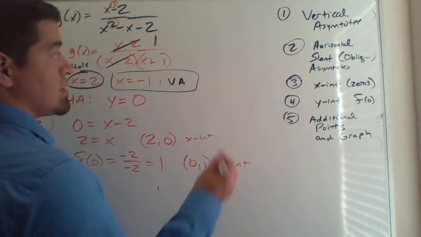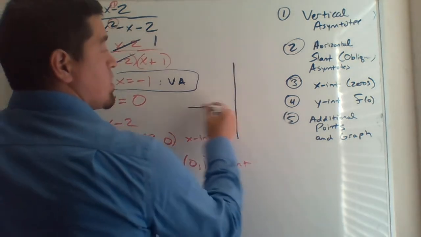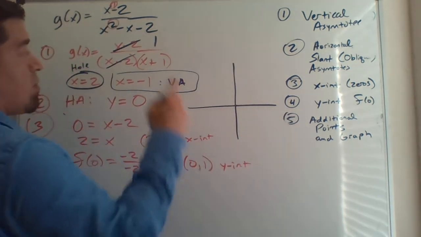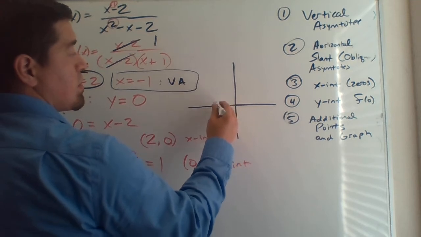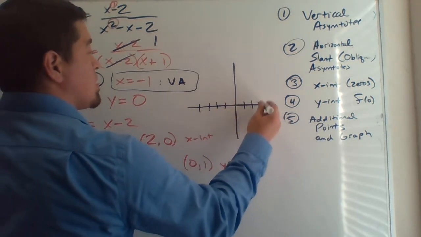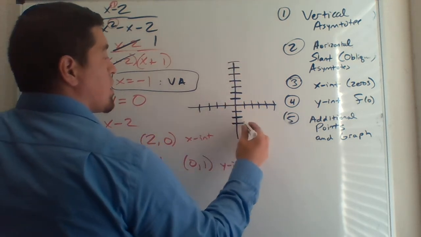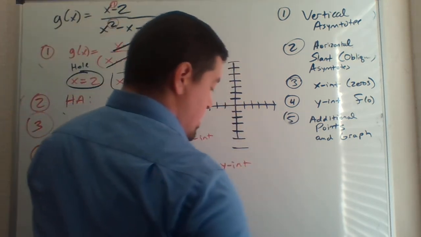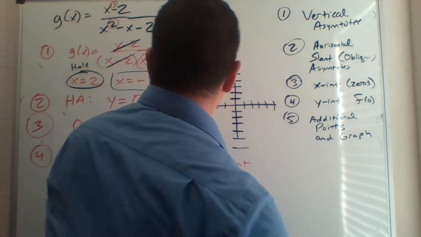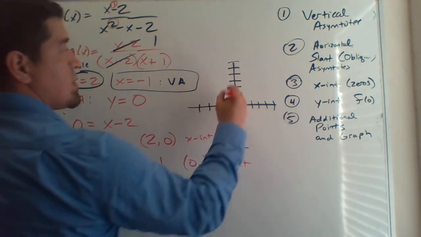So at this point, at step 4, we're going to go ahead and graph the asymptotes that we know. So I'm just going to put a couple of points here. Okay, and from here, I'll do the vertical asymptote at x equals -1.